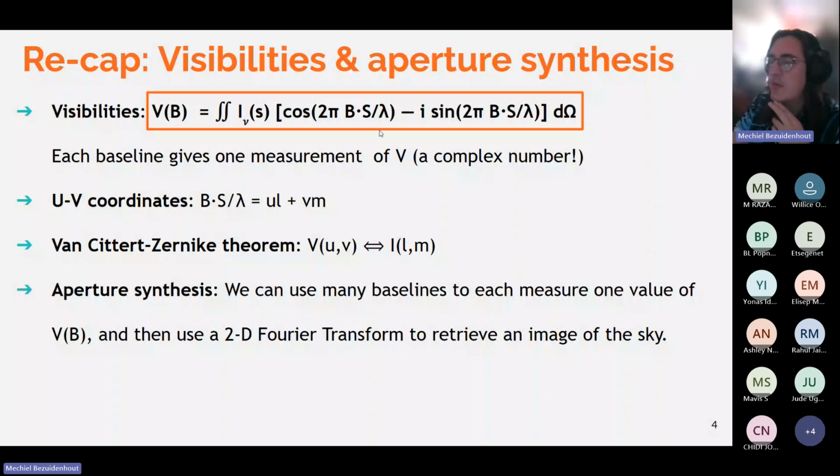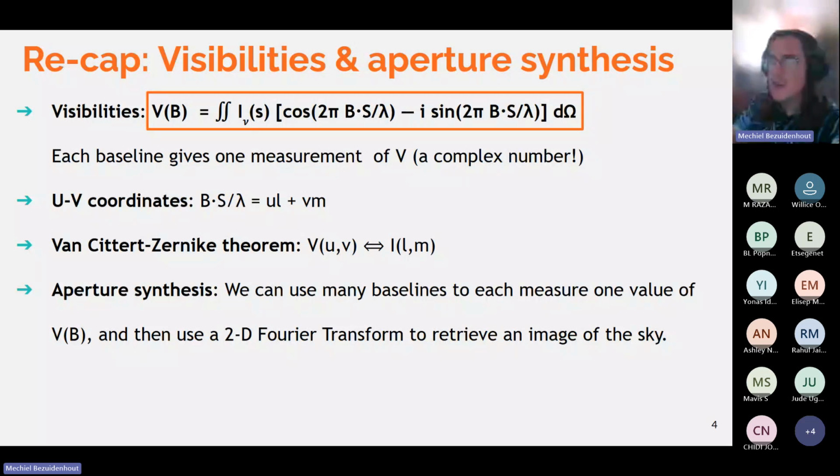Before we do that, we define some UV coordinates, which is a convenient coordinate system projected onto an eastern and a northern direction. And then the basic theorem is the Van Cittert-Zernike theorem, which tells us that the visibilities measured on this UV coordinate system is a Fourier pair with the intensity of the sky as a function of position, which is another name for an image of the sky.